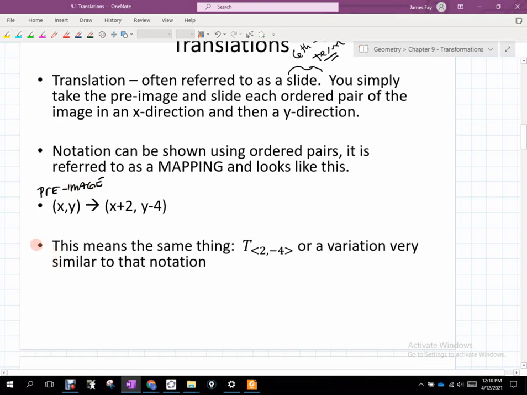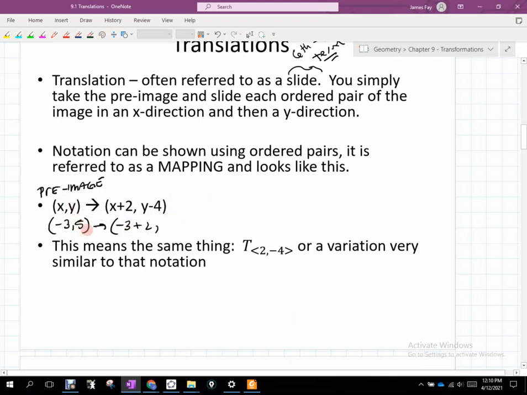And this mapping tells you if you start with X comma Y, so let's say the point -3 comma 5 was your particular X comma Y on your pre-image. What the mapping tells you here is that you're going to take the -3, which was your X value, and add 2 to it.